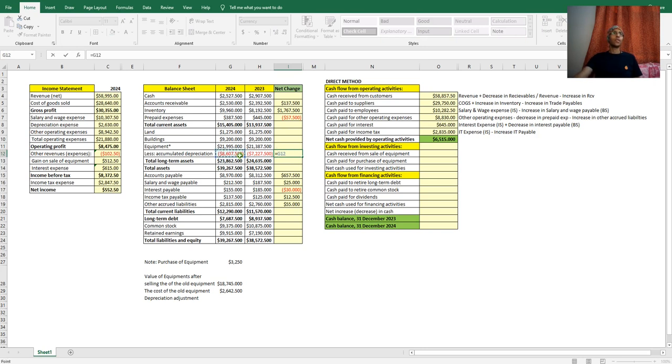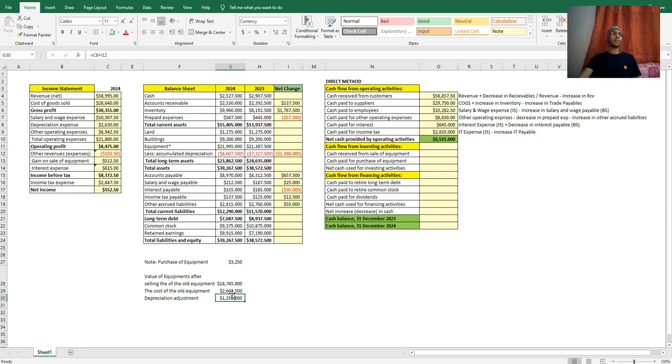This is equal to this minus this. So there is an increase of 1380 in depreciation, and in the income statement there is a depreciation expense mentioned, 2630. So the depreciation adjustment will be 2630 plus 1380.